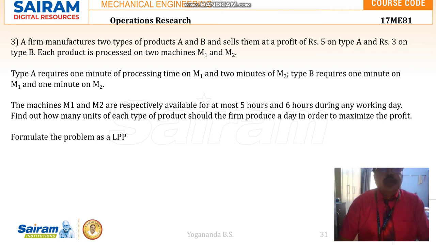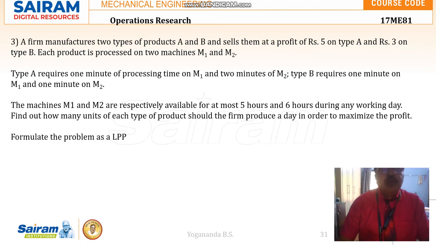Now type A requires 1 minute of processing time on machine 1 and 2 minutes of time on M2. Similarly, type B requires 1 minute on machine 1 and 1 minute on machine 2.